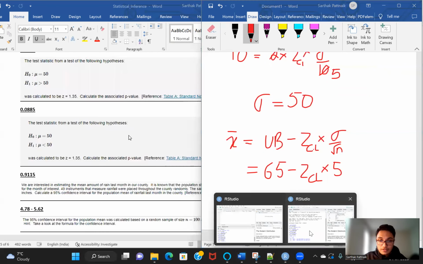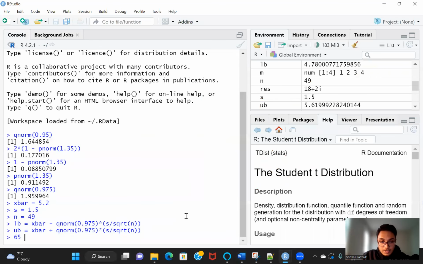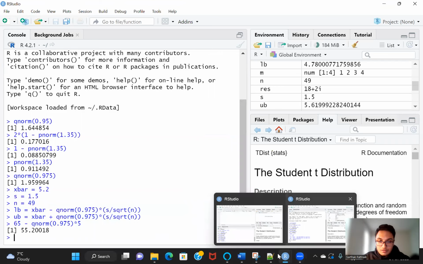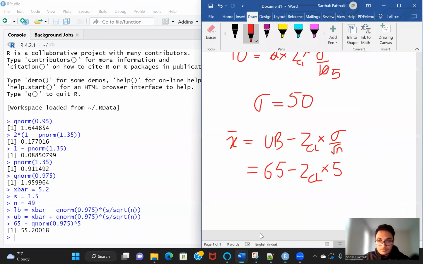So if I do it using R, 65 minus qnorm of 0.975 into 5.